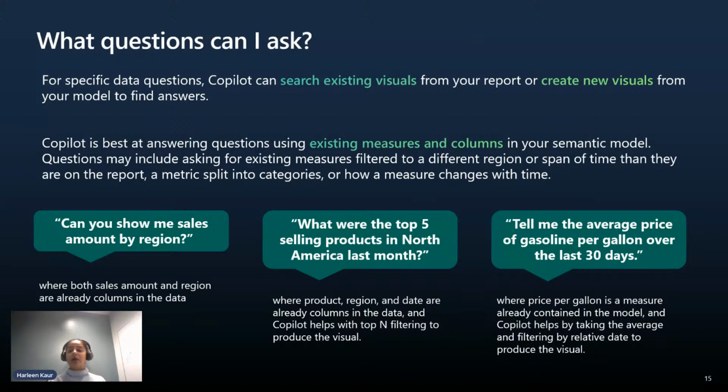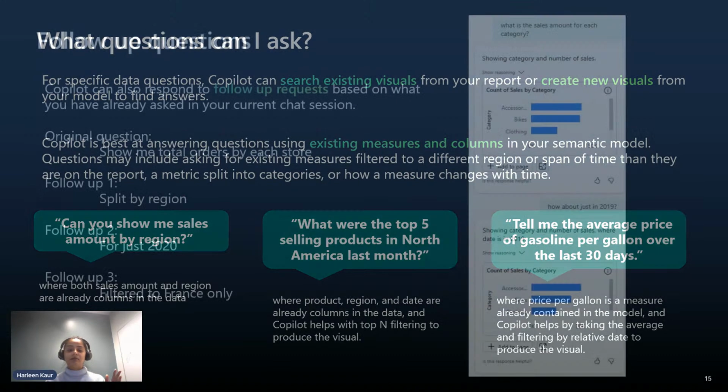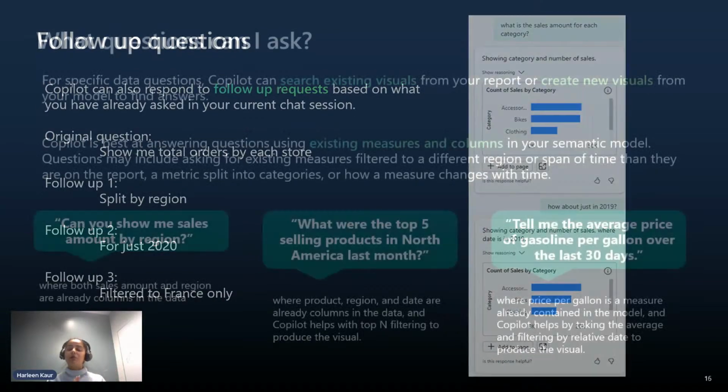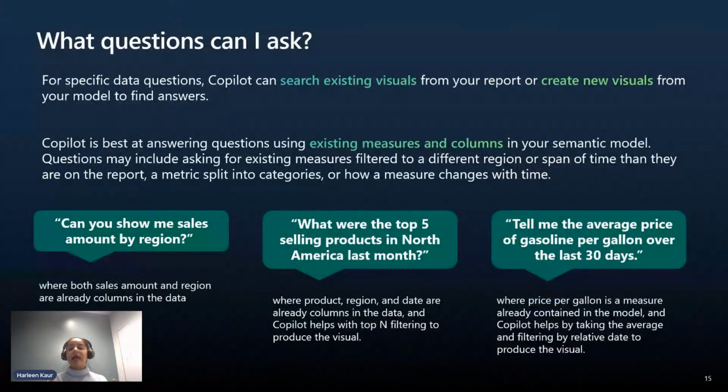Or you can ask questions like, what were the top five selling products in North America last month, where product, region, and date are actual columns in the data, and Copilot will use filtering to produce the visual. You can also ask a prompt like, tell me the average price of gasoline per gallon over the last 30 days.